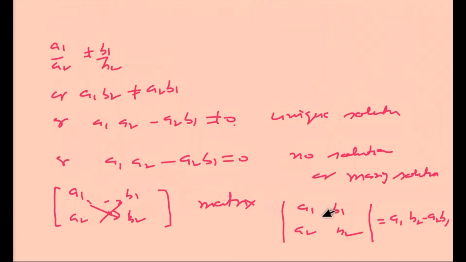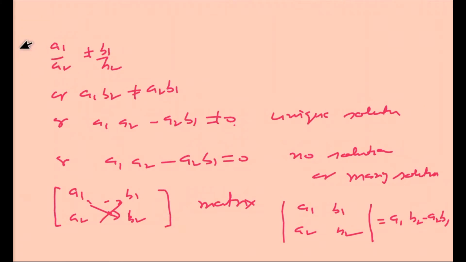This is known as the determinant of this matrix, and this is the symbol used for determinant. Determinant is the value from the coefficients from which we can see the nature of the solution. If determinant is not equal to 0, there is a unique solution. If equal to 0, there may be no solution or many solutions.